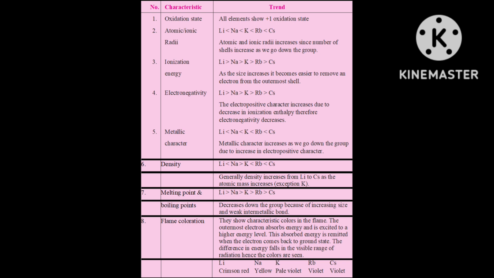Frequency is the reverse case. If the wavelength is more, energy is less, and if frequency is more, energy is more. Keep in mind that frequency and wavelength are inversely proportional.